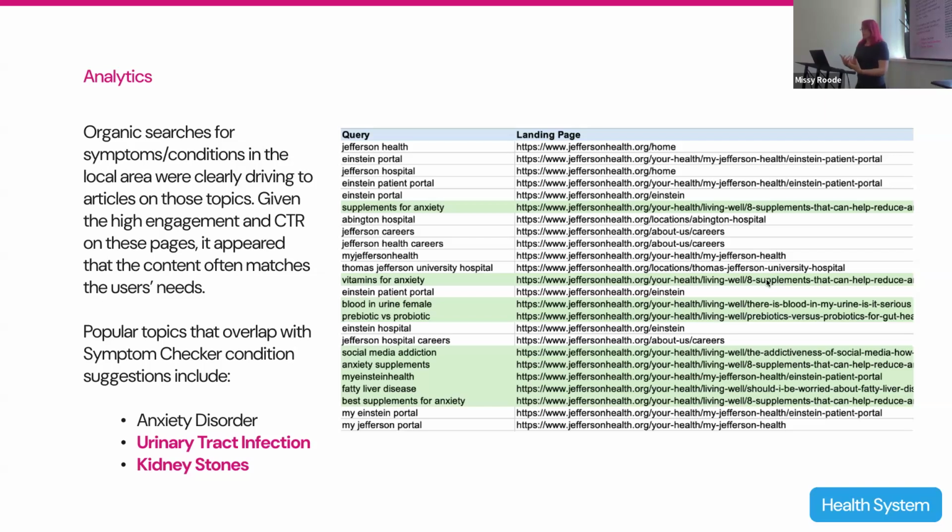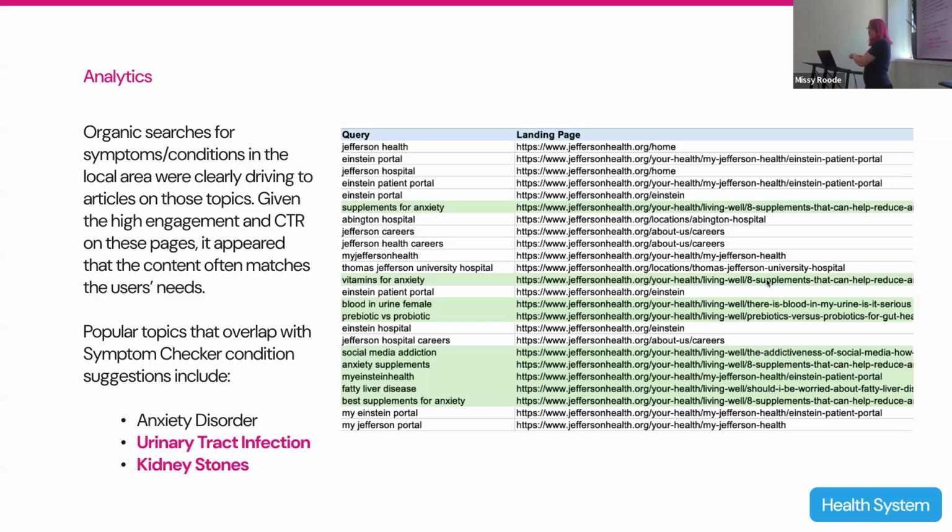Or, hey, do you want to know more about this condition because you think you might have it, or maybe you've just been diagnosed? Hey, here's some more information. This is an article written by one of our doctors, and they were landing on these article pages. And so from what we could tell, if their intent from these queries was, I want to understand these symptoms and conditions, then their journey was starting on these article pages.